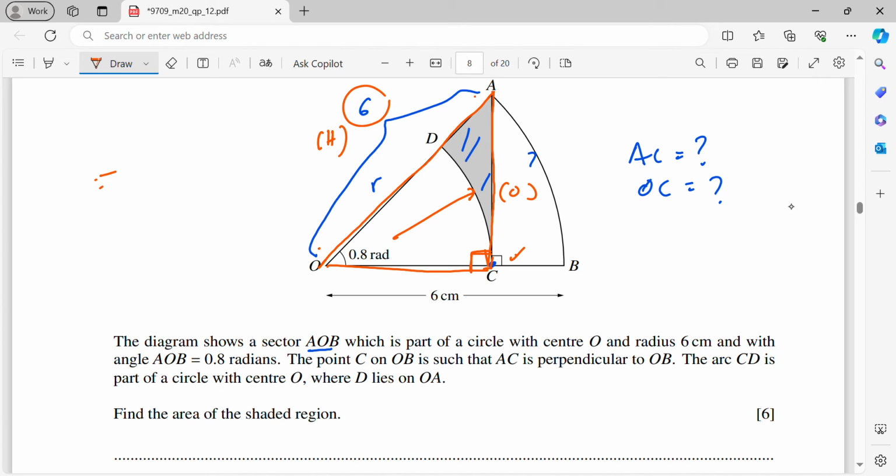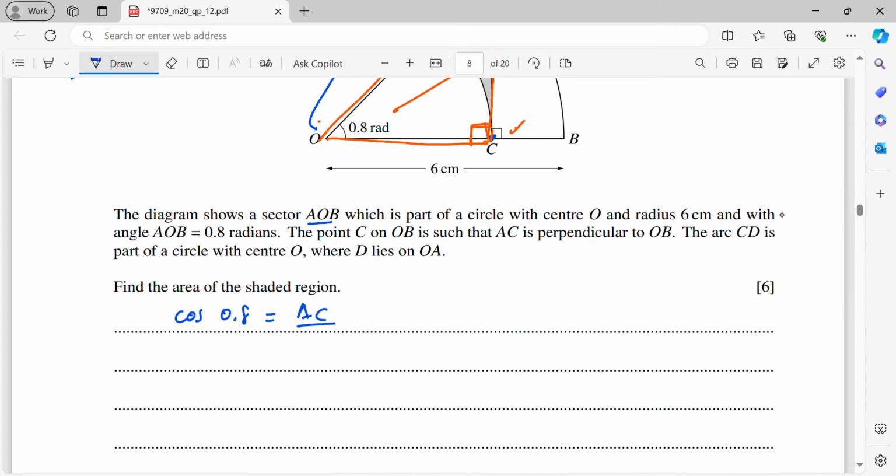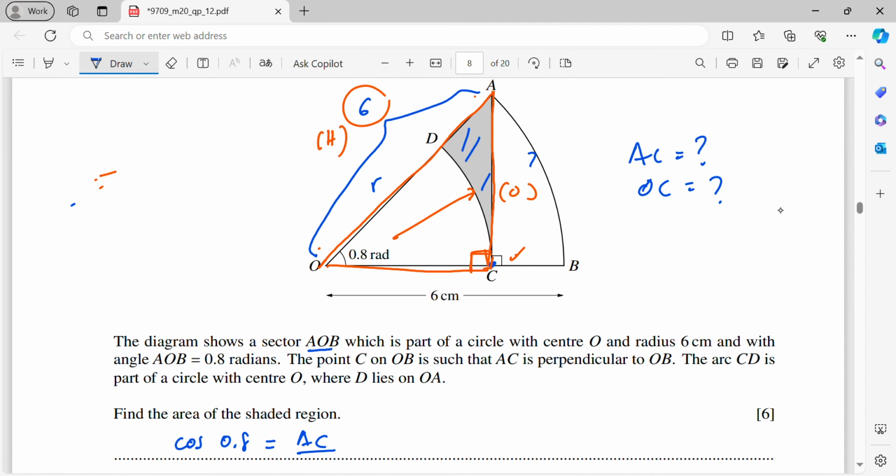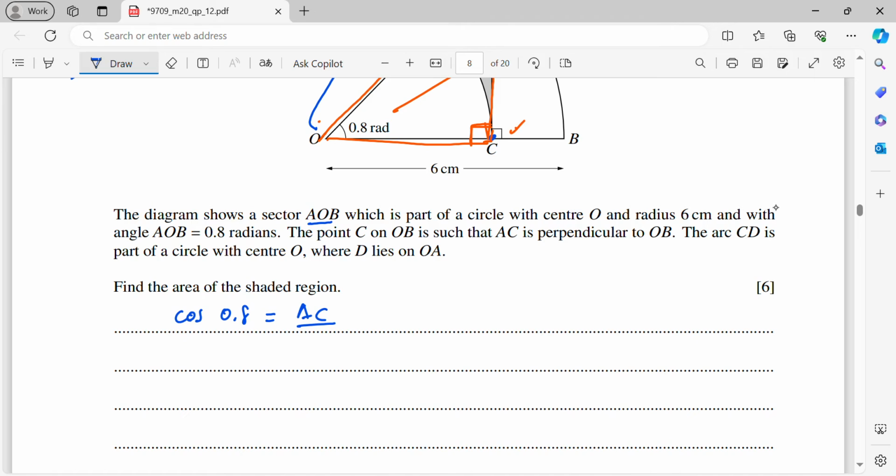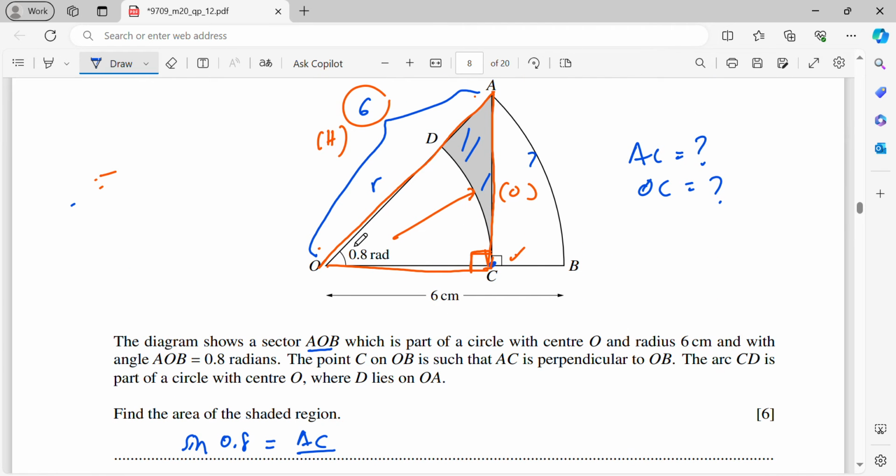So I can find AC using the angle: sine 0.8 radians is AC over OA. Sorry, I said cos at first, but opposite over hypotenuse is sine, not cos.